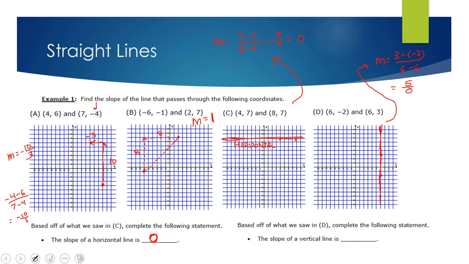Now we're not allowed to divide 5 by 0. Actually, it's an infinitely big number if you try to do that, but it's really not defined, because we really don't know what infinity is either. So this is undefined. You would see that happen with any vertical line, so the slope of a vertical line is undefined.